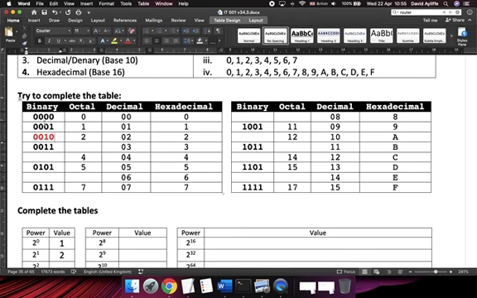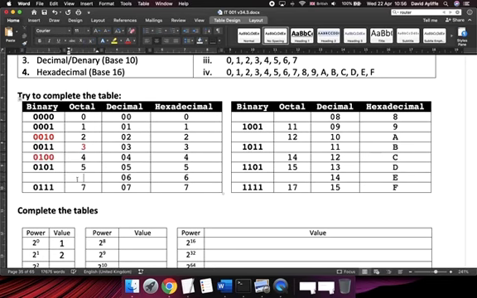So 0, 1, 2, 3. Now 4, what does 4 look like? If this is 3 and this is 5, and this is 1, then 4 must be that.